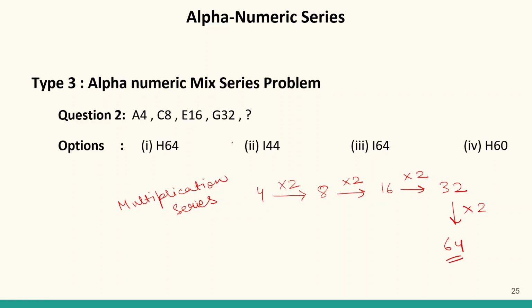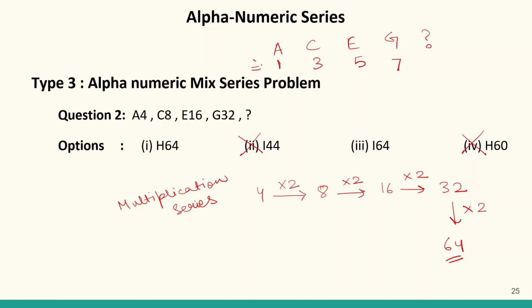Now again, I can see two options with 64. So these two options are eliminated. Elimination approach, right? Now let us look at the alphabets. The alphabets go from A to C to E to G, and then we have to find the next one. A is ranked 1, C is ranked 3, E is ranked 5, G is ranked 7.